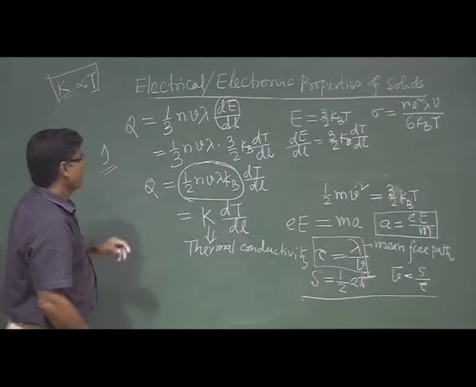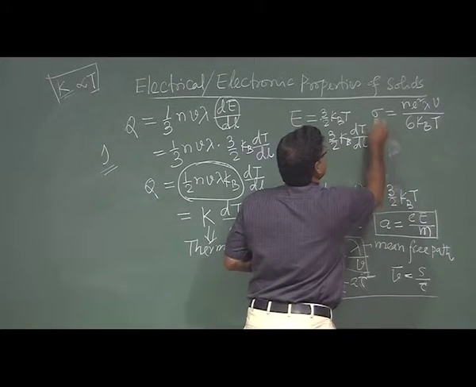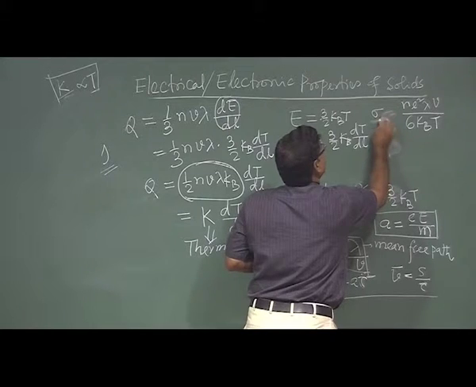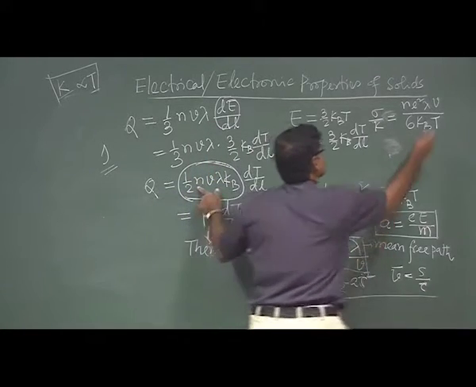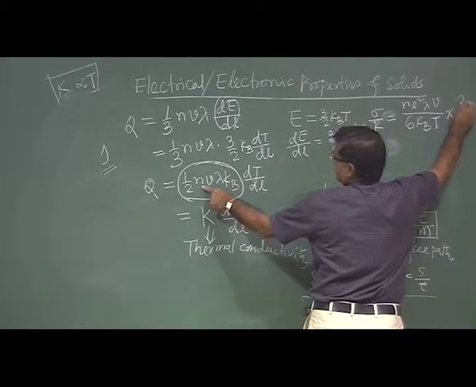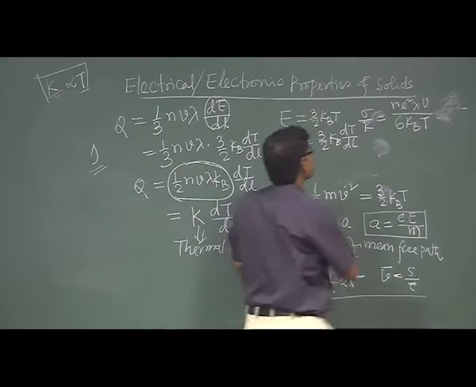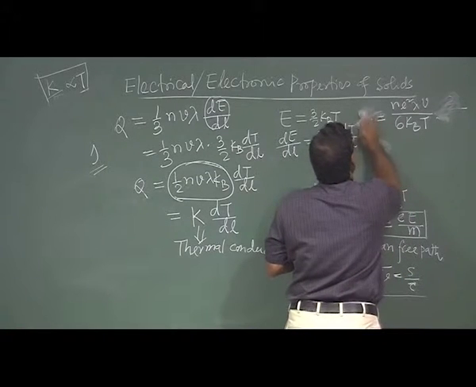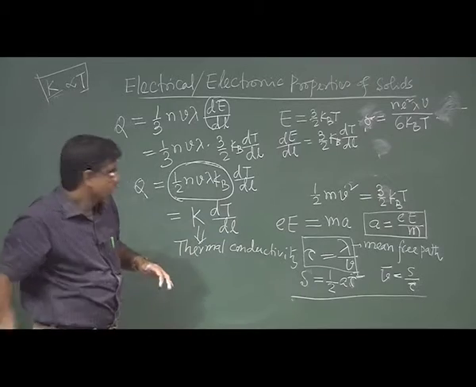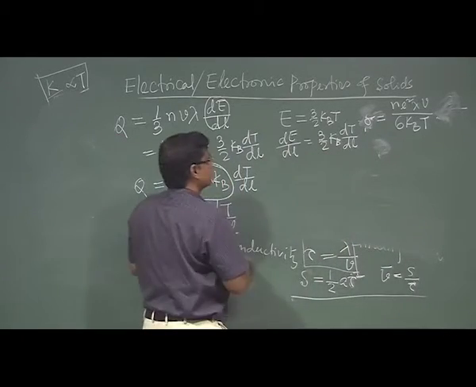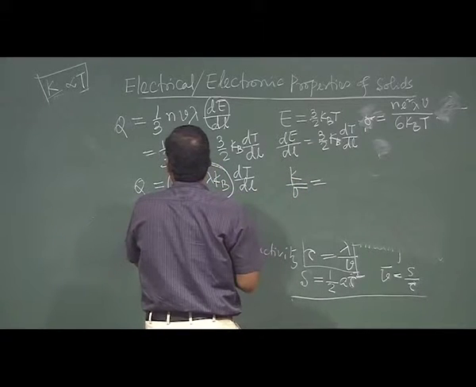Okay. Now, if you find K by sigma, K by sigma, the ratio of thermal conductivity and electrical conductivity.